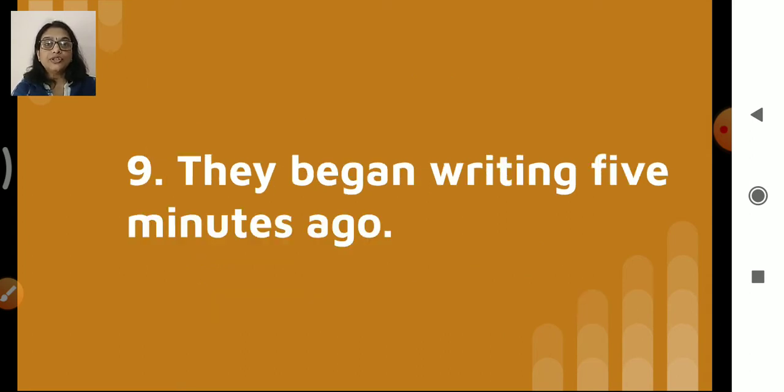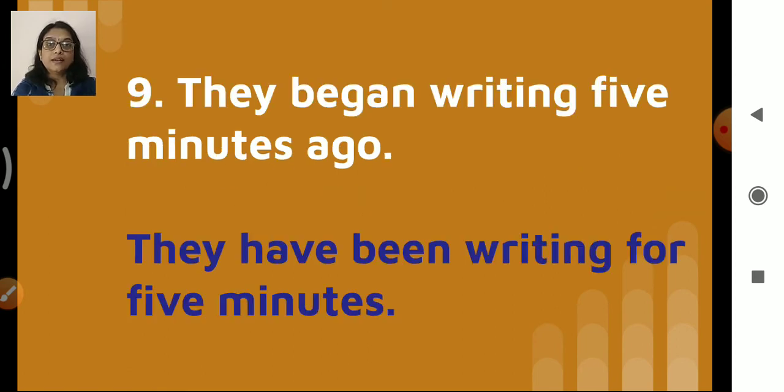Now the ninth question: they began writing 5 minutes ago. Again, a specific point of time is not mentioned. So our answer is, they have been writing for 5 minutes.